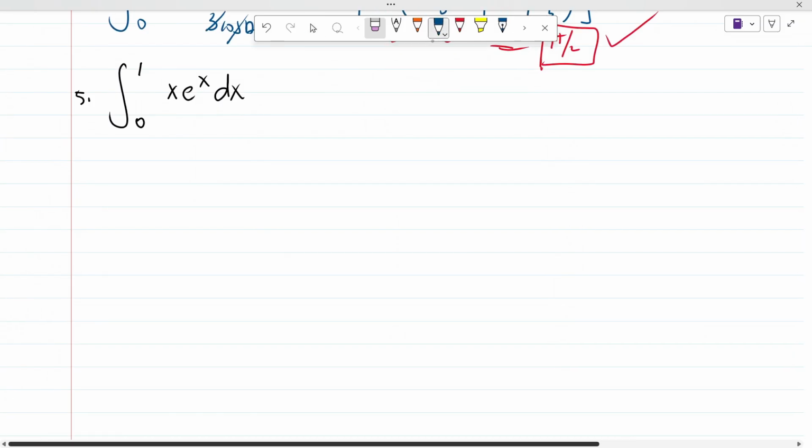Game. The integral of x times e raised to x dx from 0 to 1. So, as you can see, guys, mahirap tong i-integrate. Kailangan natin IBP. Gets, guys? IBP natin yan. So, the IBP formula is UV minus the integral of v du.